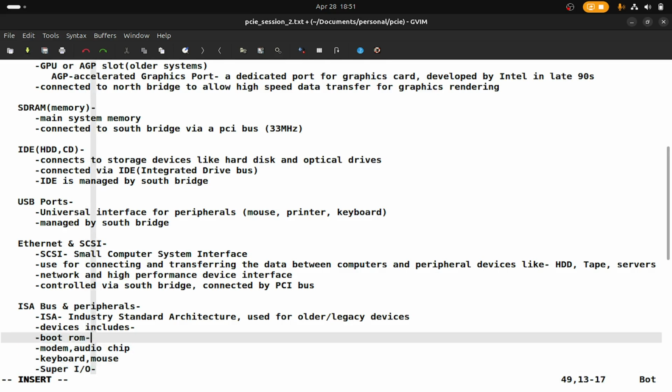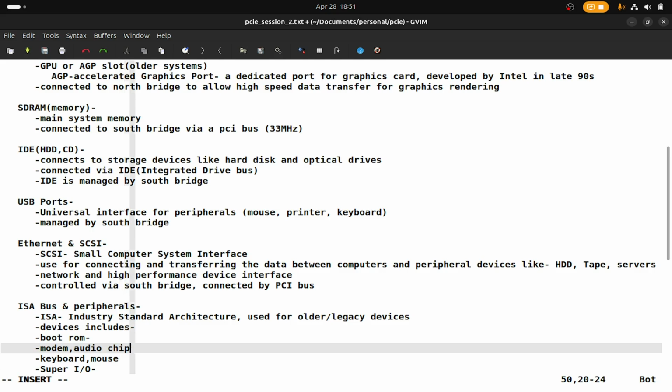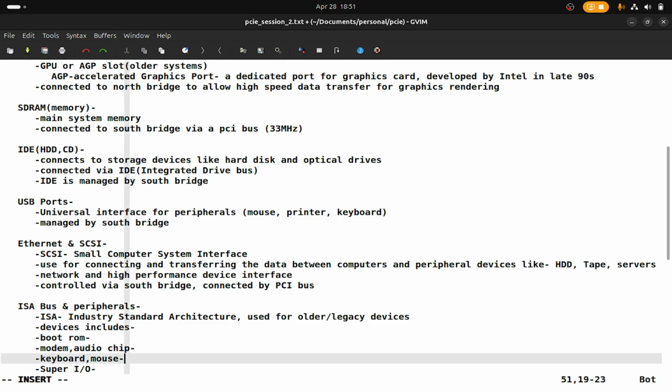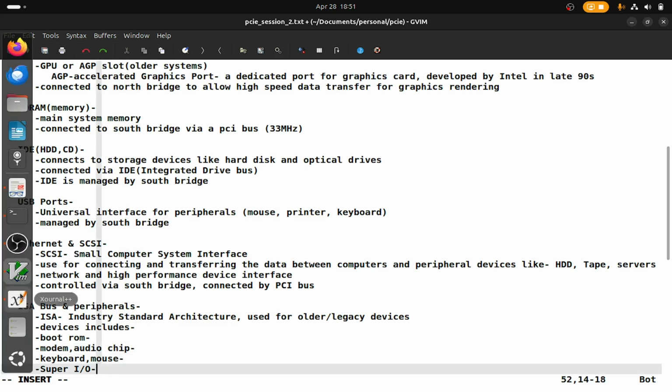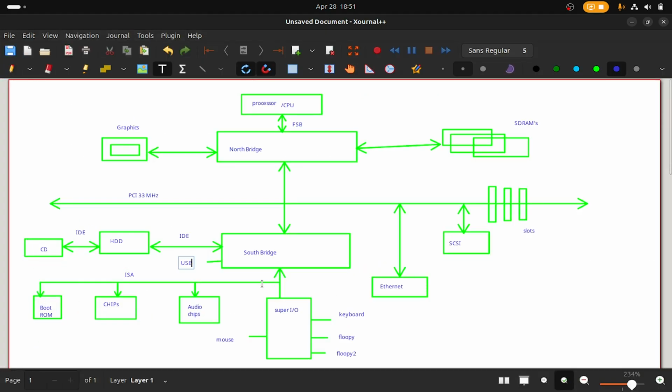So all these things are connected with the ISA. Here we can see, right? So that is the ISA, and this block, super IO, is also connected with this ISA bus, right?